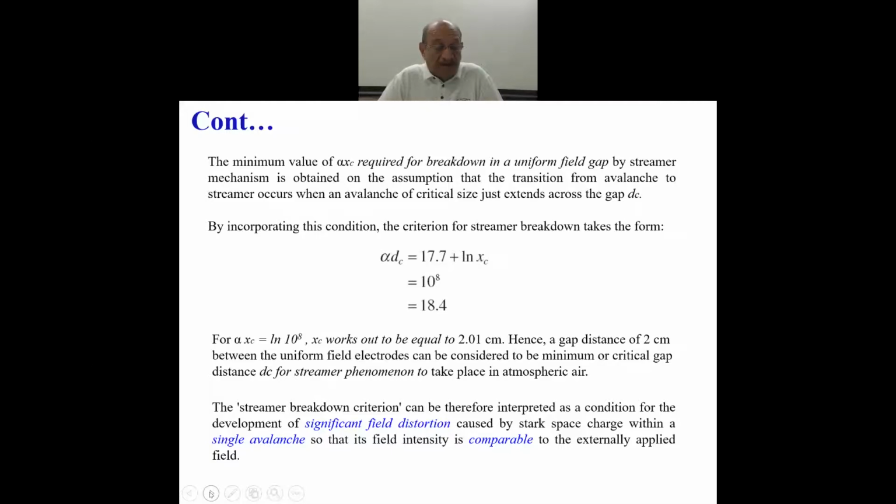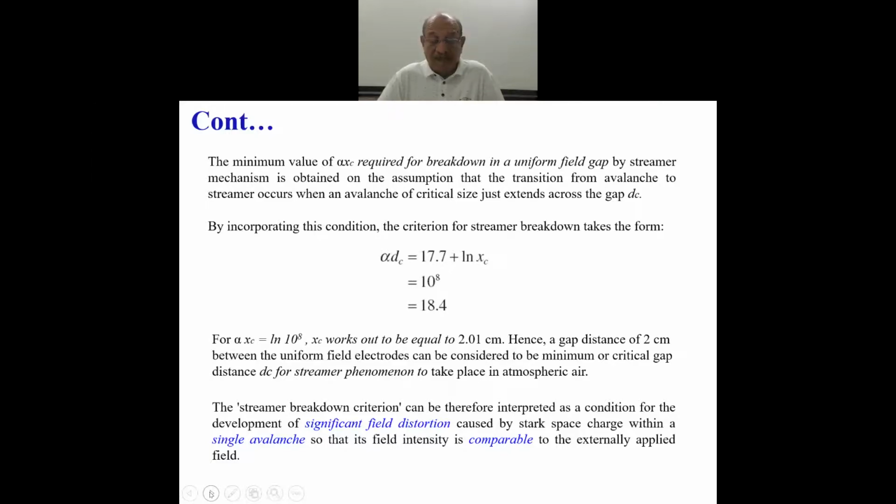For alpha xc equal to ln 10 to the power of 8, xc, that is the critical length of the avalanche for critical amplification, works out to be equal to 2.01 centimeters, or you can say very easily 2 centimeters.